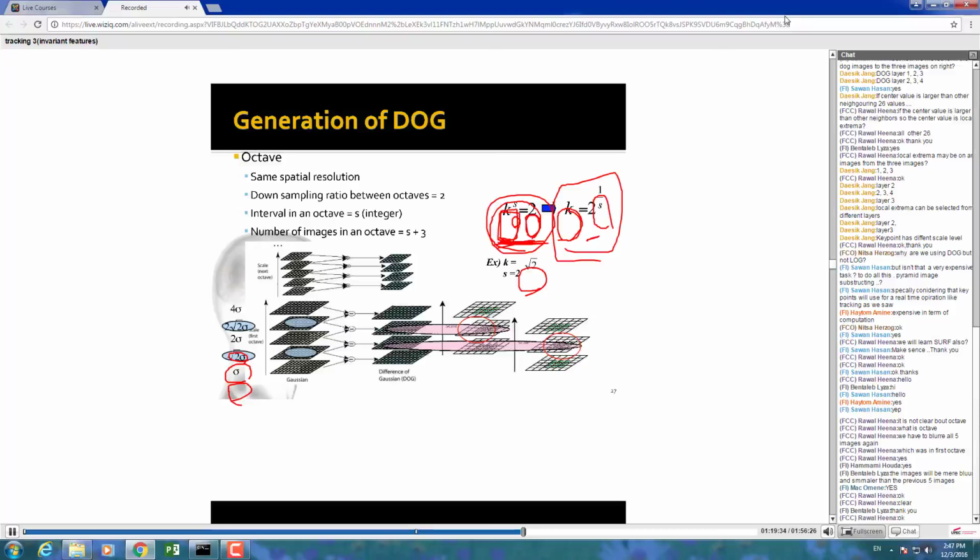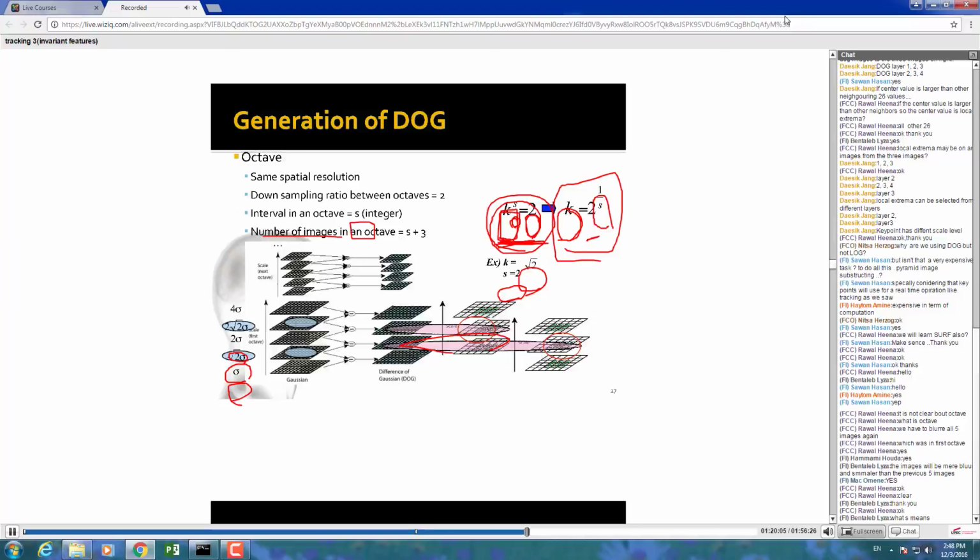If you want more intervals, then the number will change, and K will be a little bit smaller than square root 2. In this case, we are expecting 2 layers, so we determine the number S as 2. This is just an example. In practical cases, we may use a different number S.